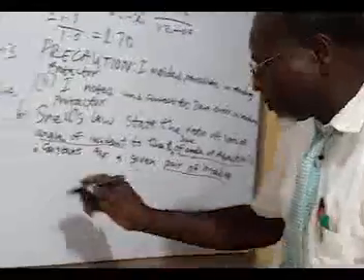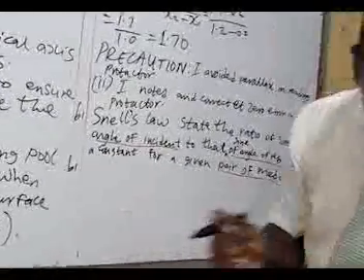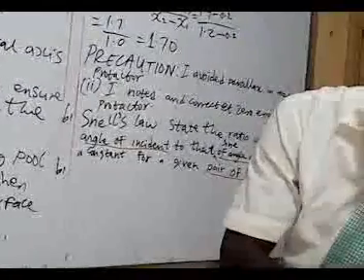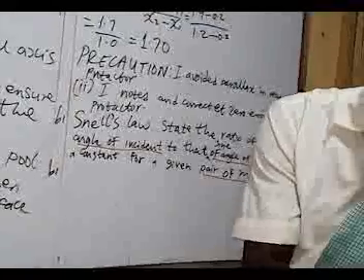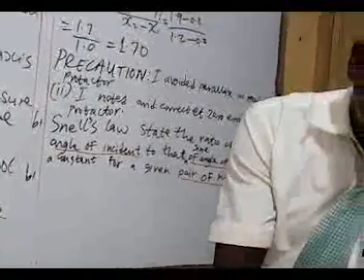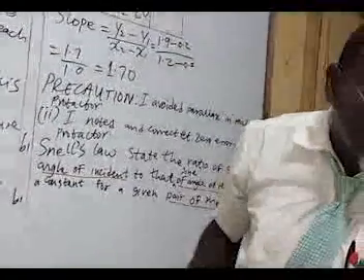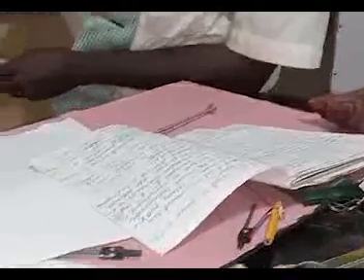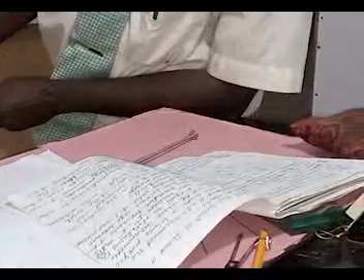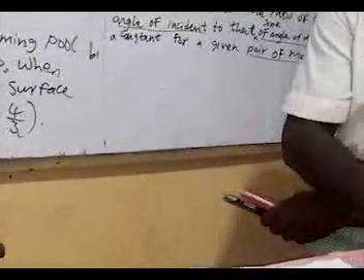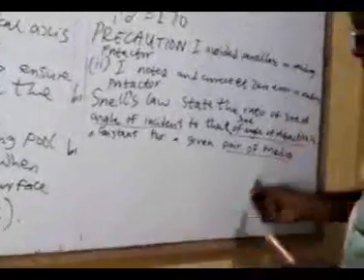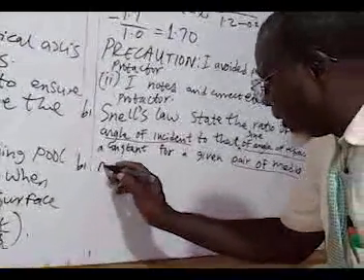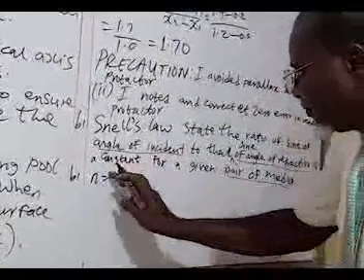Then B2, you are directed to calculate the real depth of a swimming pool, which appears to be 15 meters deep when viewed directly from above its surface. The refractive index of water is 4/3. So N is the refractive index.